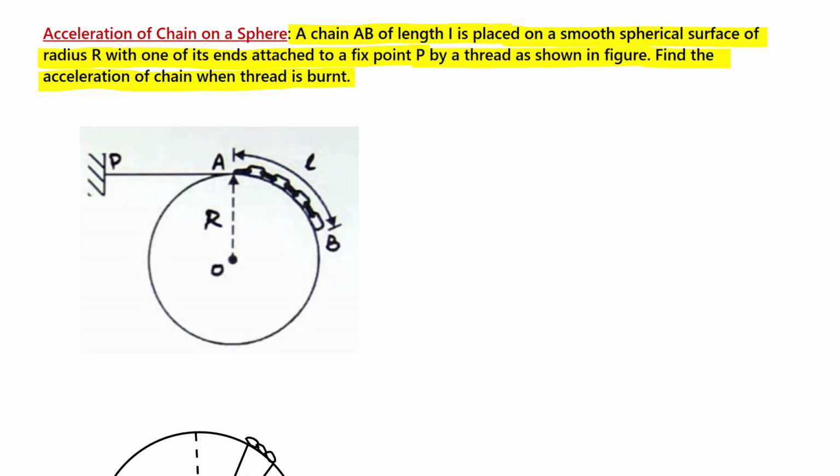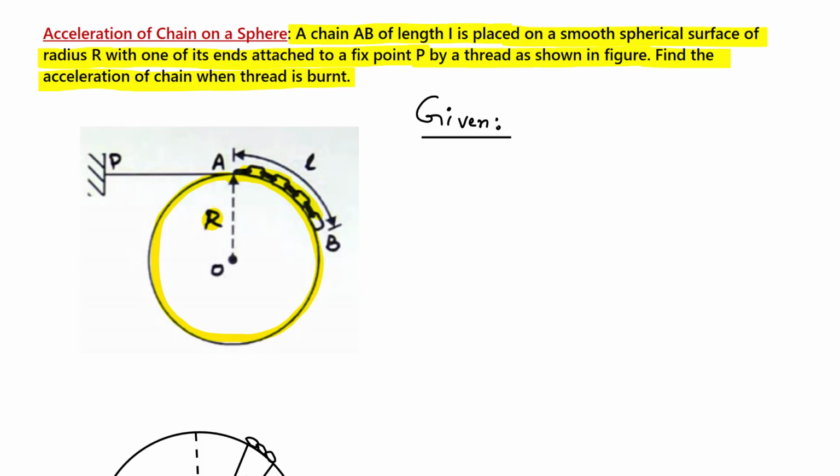So what are the things that are given in this problem? Basically, we have a sphere and the radius of this sphere is given. So radius is r. And on this sphere we have a chain.